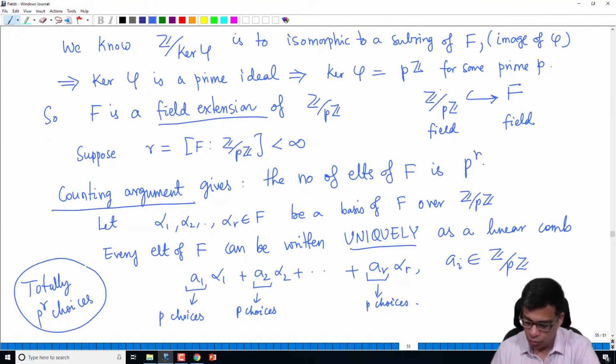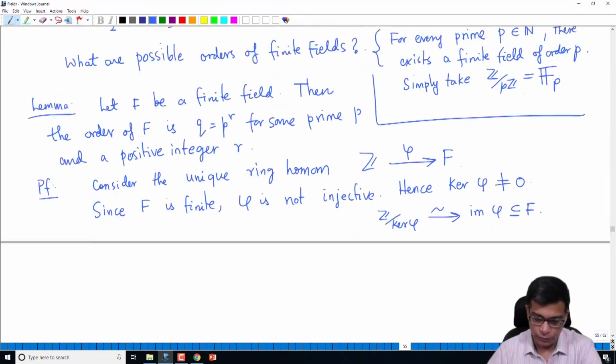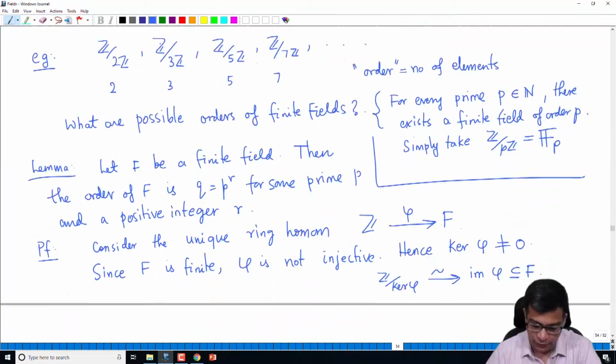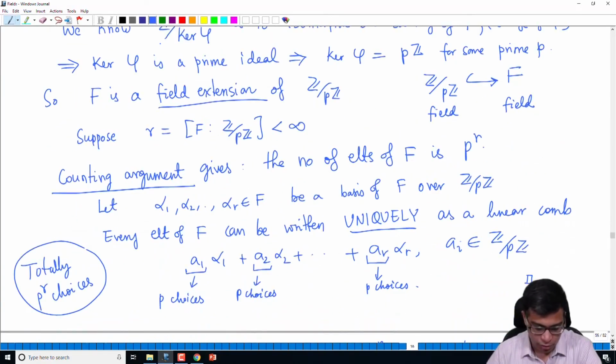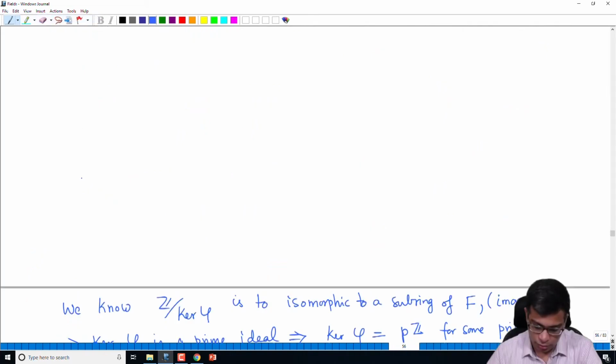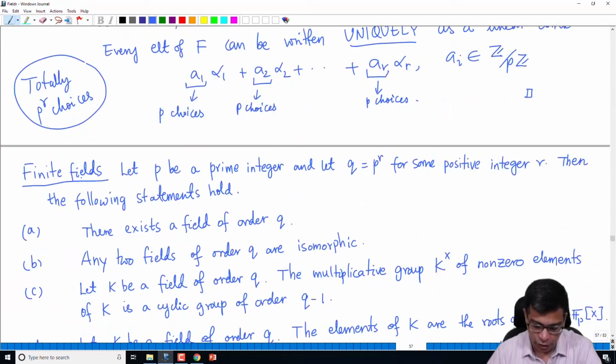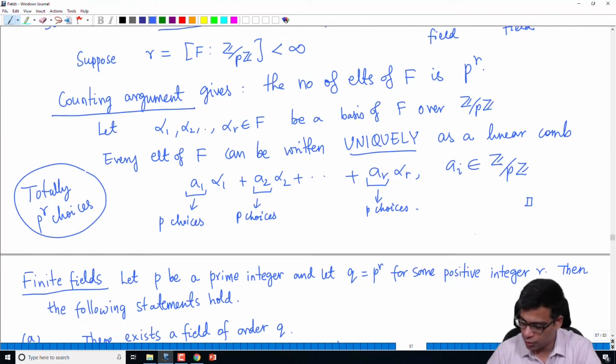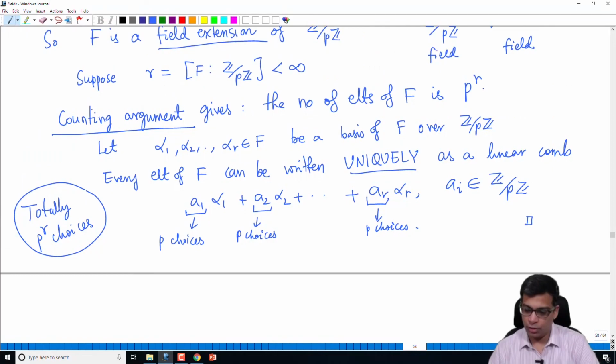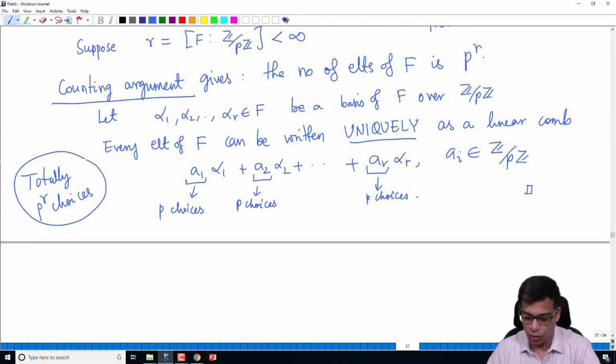Okay. So now we have proved this theorem that finite fields can have only order p power r. Sorry, I want to insert a page here. So corollary.